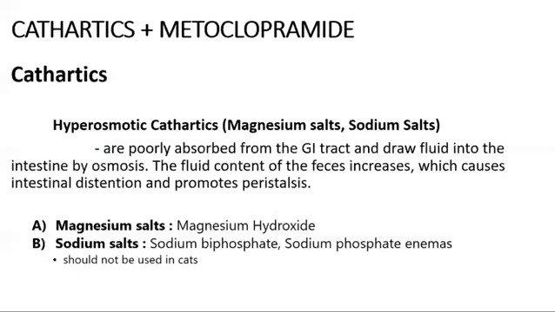This should not be used in cats. Why? Because it may cause hyperphosphatemia, which is fatal, hypocalcemia, and hyponatremia. So, ang mga enema nyo na may sodium compounds, you do not want them to use in your cats because you may not be able to see them on the other day kasi nga, iniwan na nila kayo.